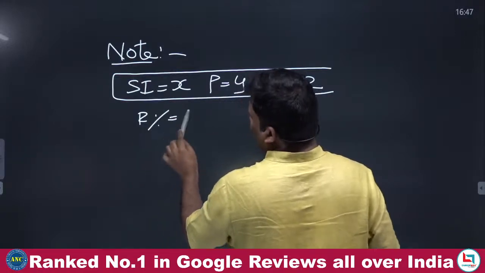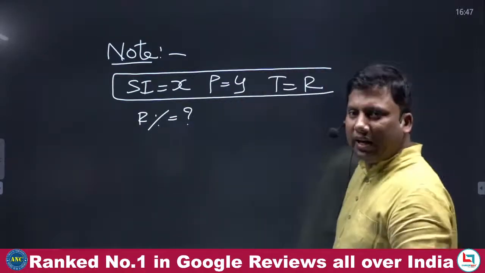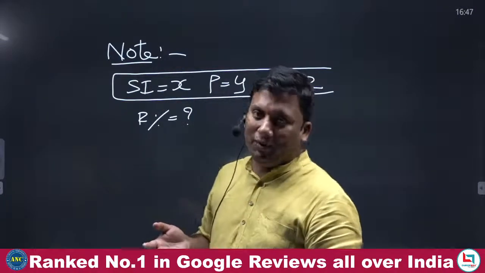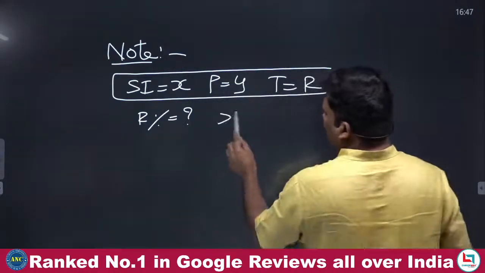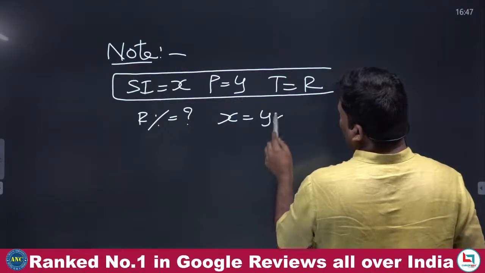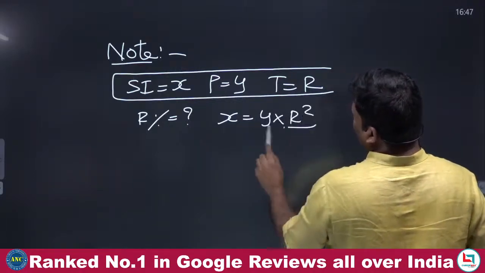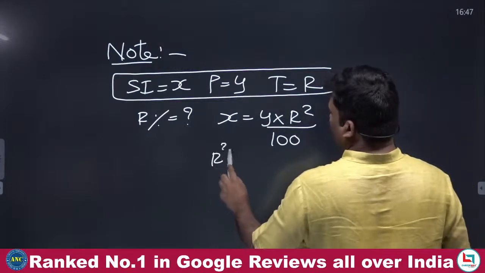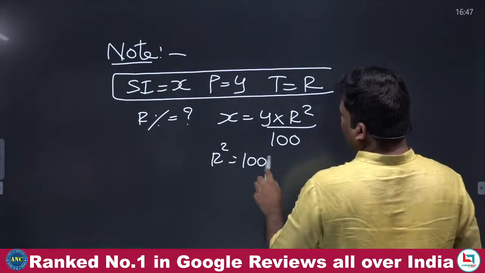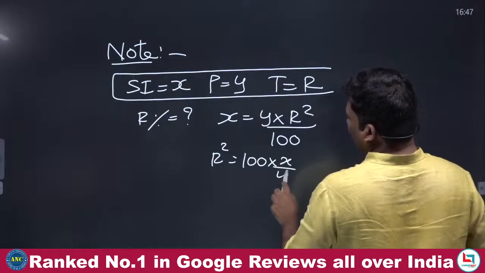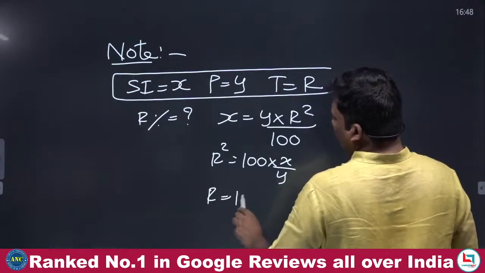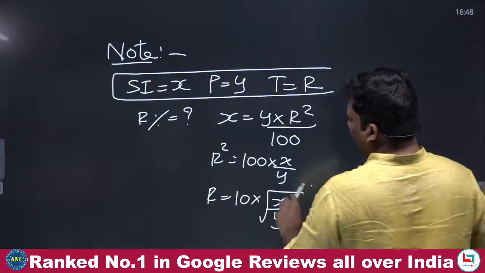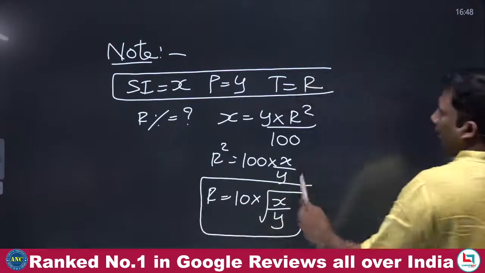There is a question where all the answer options are in variables. So simple interest is X, principal is Y, T and R are equal. R square by 100, so R square is equivalent to 100 into X by Y. So R is equivalent to 10 into root of X by Y.